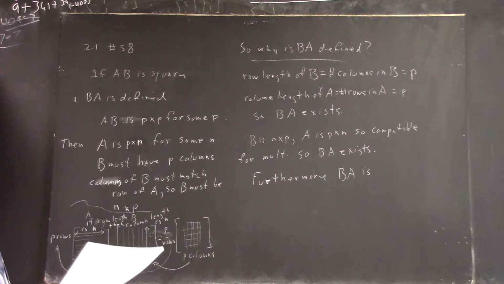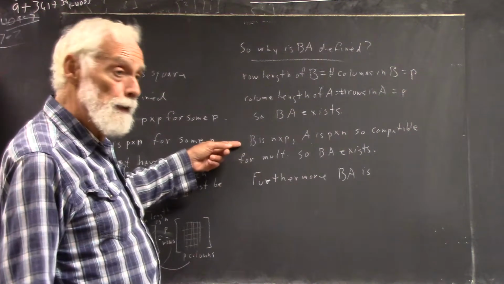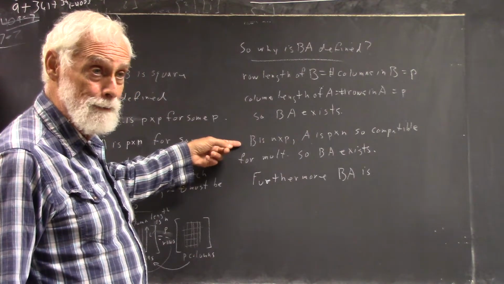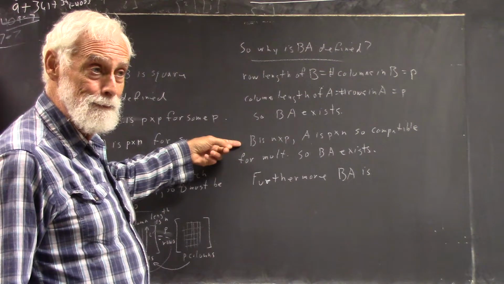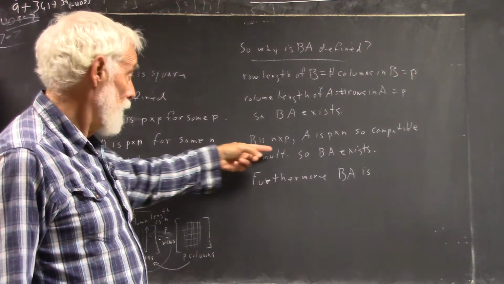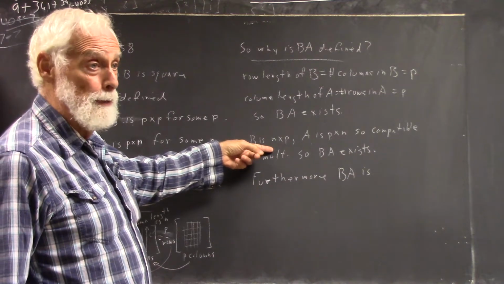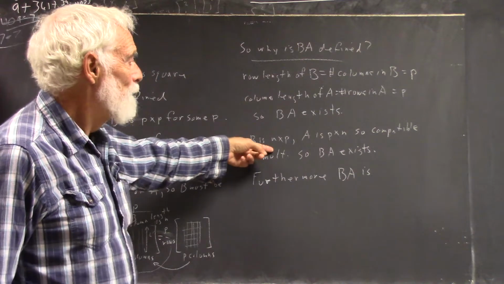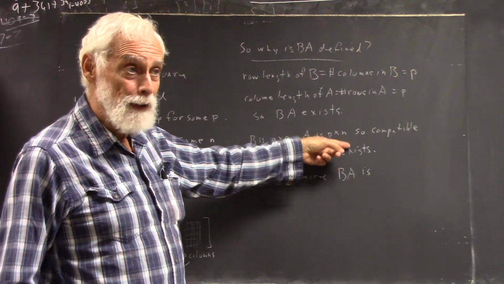Well, you got a row of BA for every row of B, right? How many rows does B have? N rows. Has n rows. So it's not P by P, is it? That's N by N. Yeah. And how many columns does A have? It has n columns.